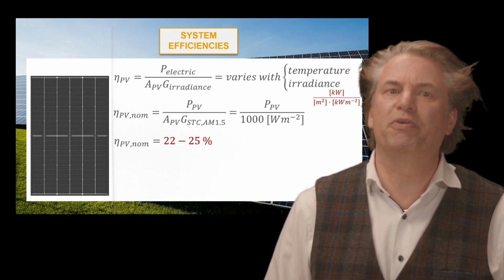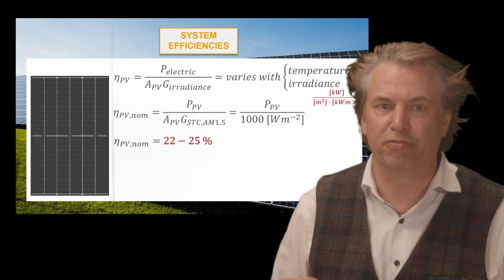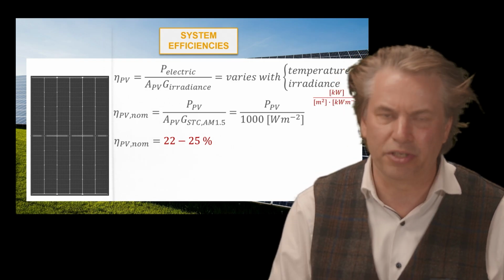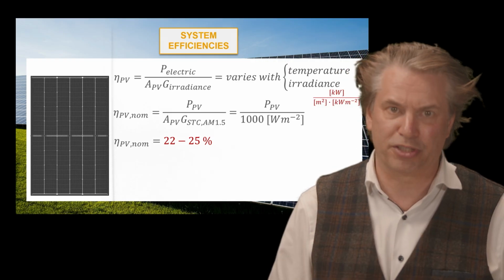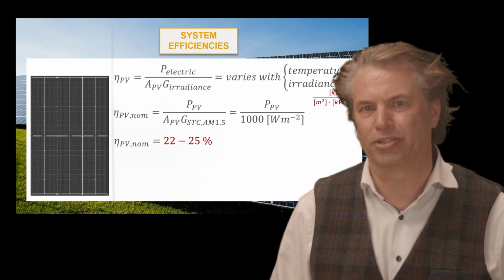The current commercial PV modules based on the crystalline silicon PV technology, which is the dominant technology, have conversion efficiencies nowadays of 22 to 25% under standard test conditions.